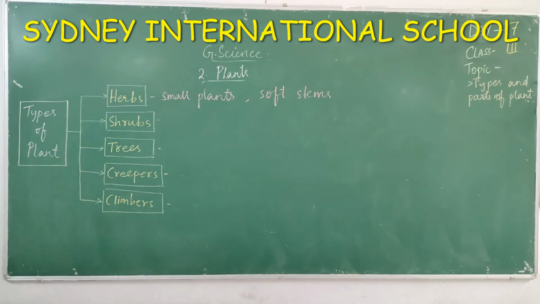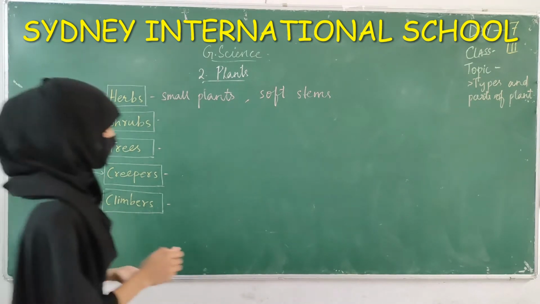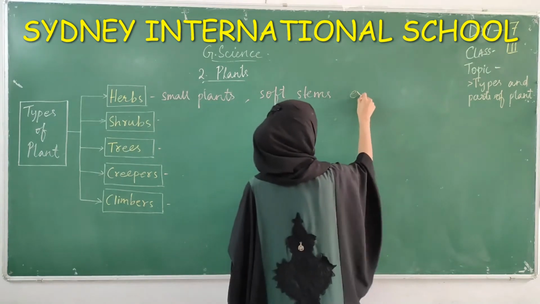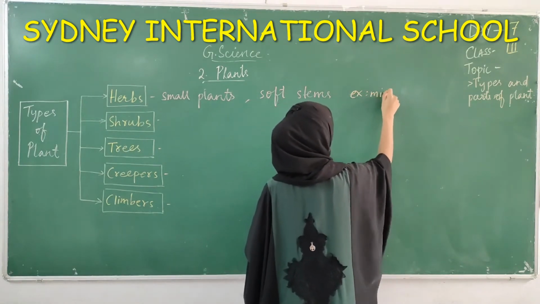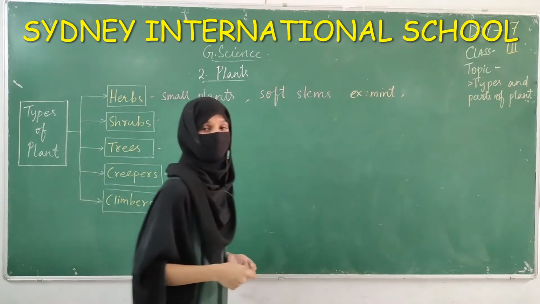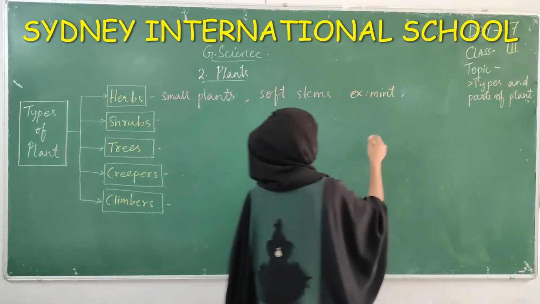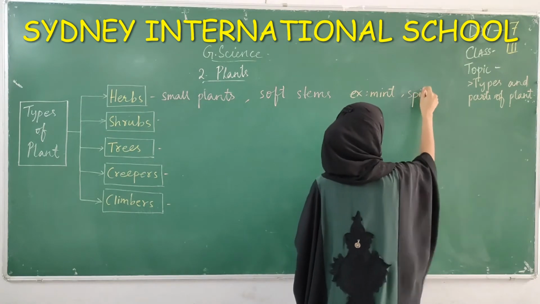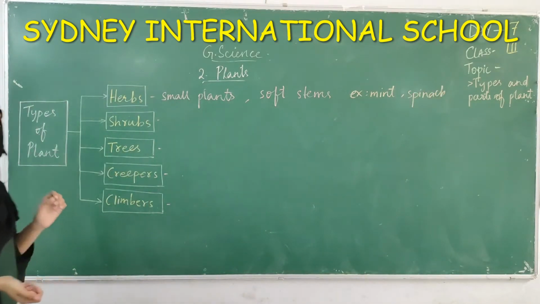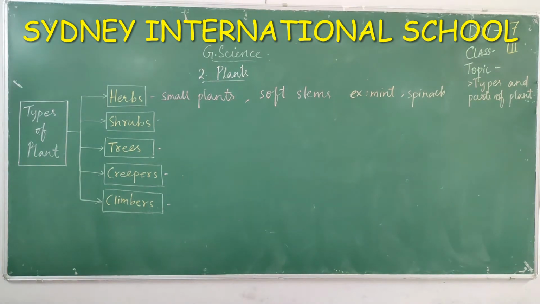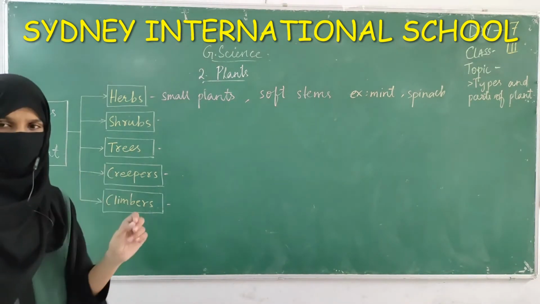Okay. Now example of herbs: mint. What is mint? Mint is pudina. You must have heard mint is pudina. And next example I'll write spinach, palak. These two plants, these two leaves are having very soft stems.